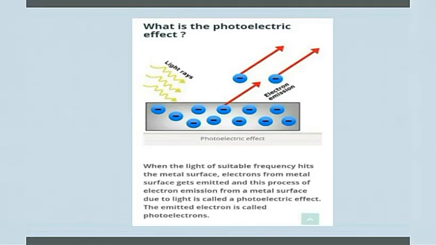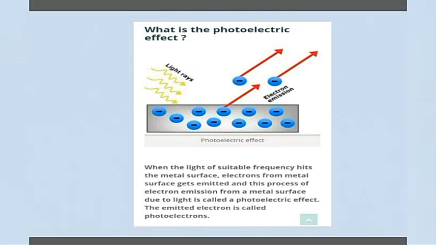This effect was discovered by Heinrich Hertz. So photoelectric effect is the phenomenon of photoelectric emission. When light of suitable frequency hits the metal surface, free electrons from that metal surface get emitted, and this process of electron emission from metal surface due to light is called photoelectric effect.